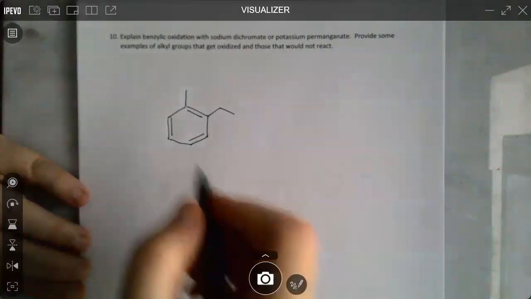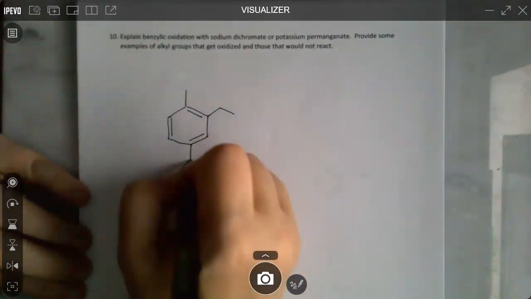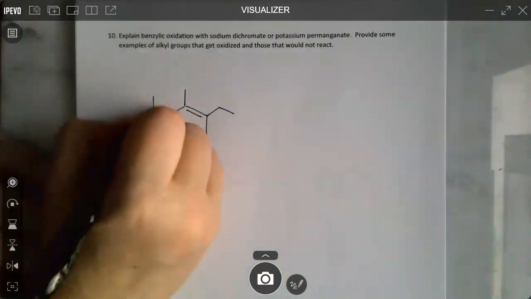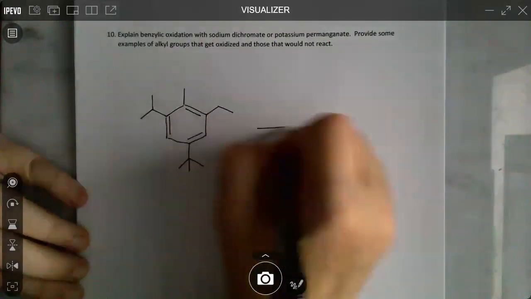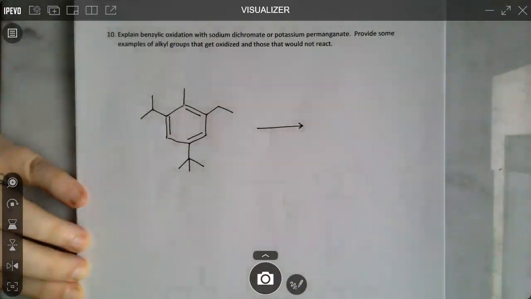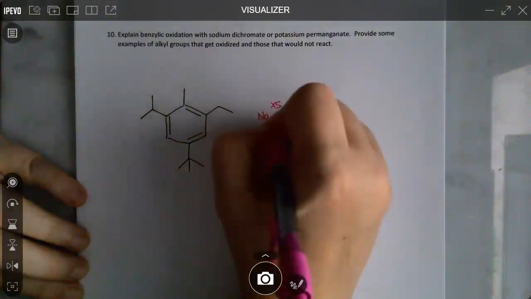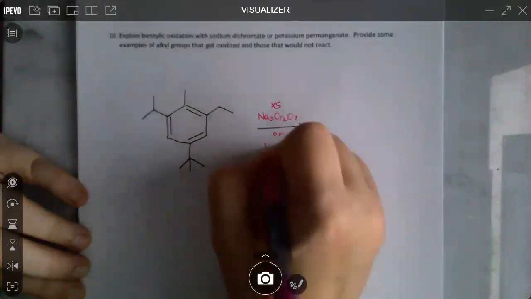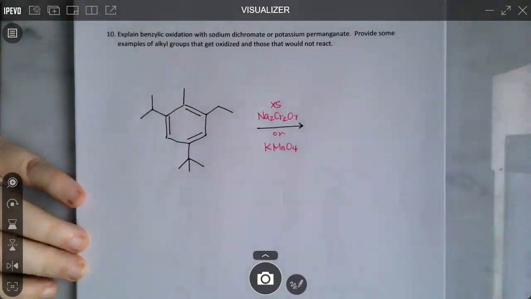We could even have a tert-butyl group, or maybe an isopropyl group. So lots of different examples here. And let's say we treated this compound with excess sodium dichromate, or potassium permanganate. Usually that's done cold with some base around.